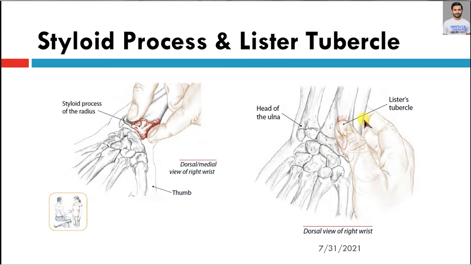This is the dorsal aspect showing you Lister's tubercle, and it is most commonly palpated with the thumb. If you place your thumb onto the distal part of the radius and stay on this dorsal aspect, you can easily find Lister's tubercle.